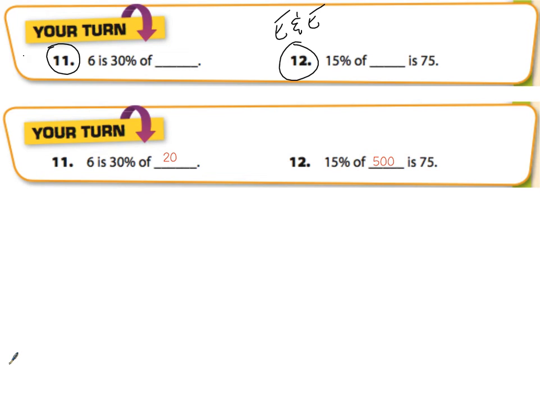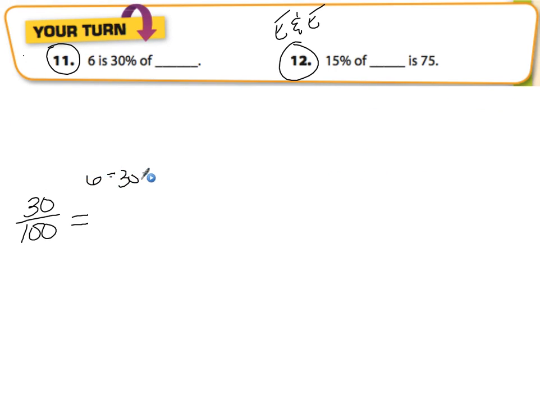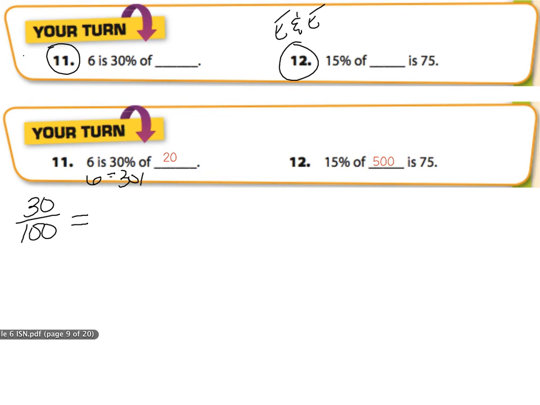So let's take a look at this. 6 is 30% of what? To remember that, 30%, if you weren't sure where it goes, you know 30 is out of 100, right? And then we want to know 6 is 30%. Well, if 6 is equal to 30%, we know that it has to be the part because we said the percent is always the part.